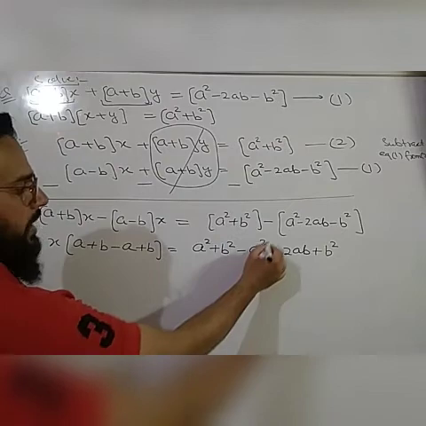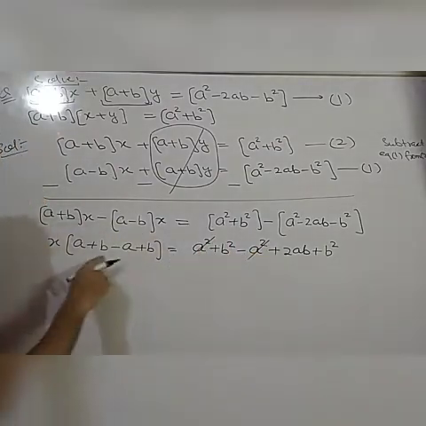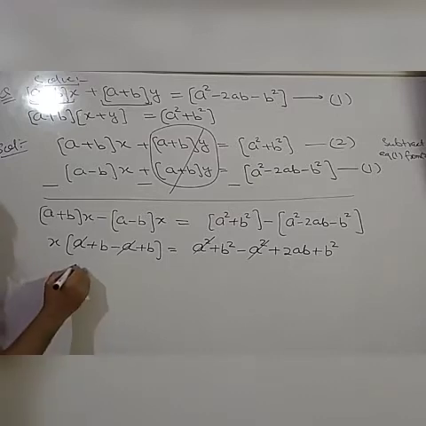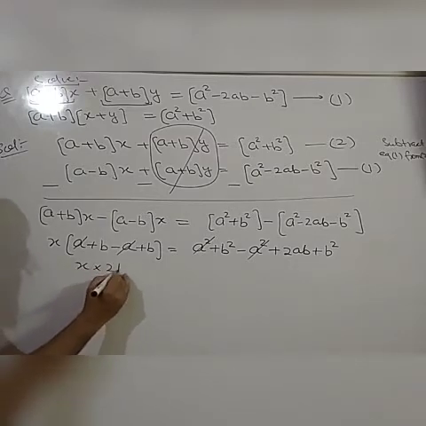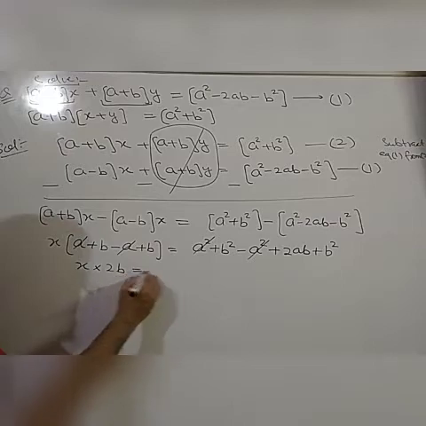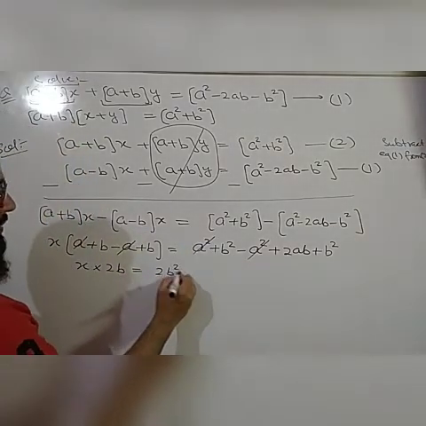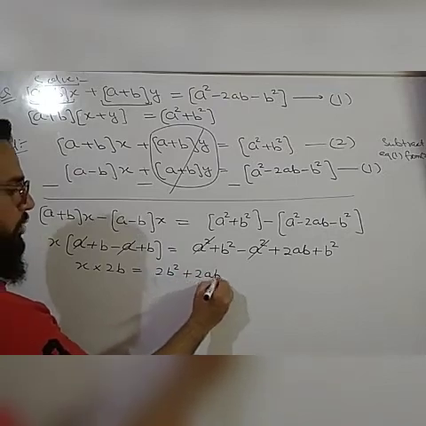Now this a square and minus a square will cancel out. Here also a and a cancel out. So it will be x into 2b is equal to b square plus b square, which is 2b square plus 2ab.